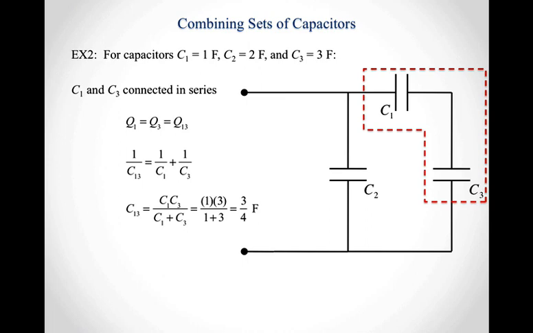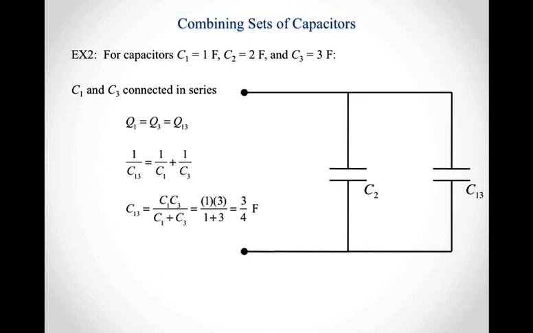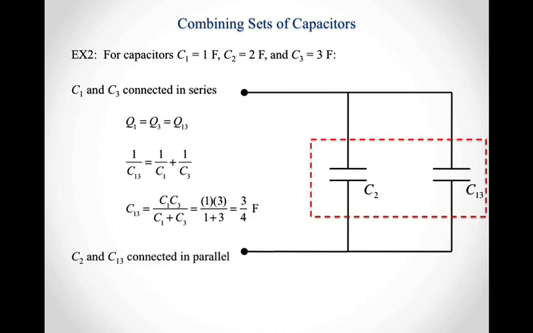That's 1 times 3 over 1 plus 3. That's 3/4 of a farad. So I have replaced these two individual capacitors with a single equivalent capacitor that doesn't change anything else that's going on within my circuit. So now I have two capacitors, C2 and C13, and I see that they're connected in parallel.